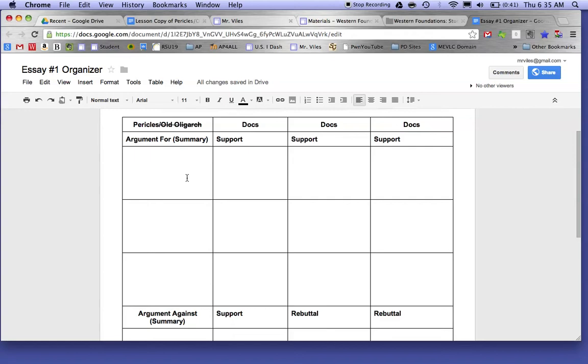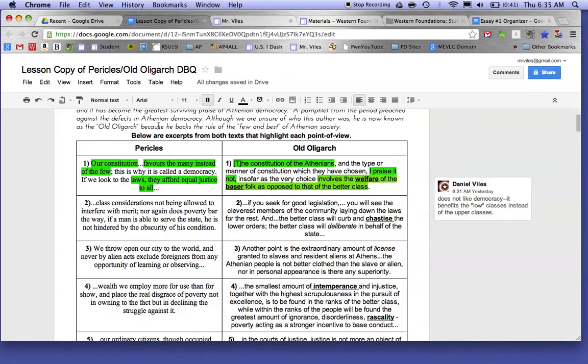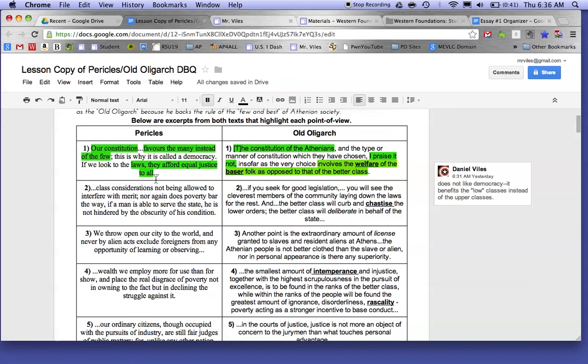And now I know that my argument for is in agreement with Pericles, and so I can start to fill in this chart. And I think, okay, when I look down this chart, what are Pericles' main points? What are his best points? What's the summary of his best points?